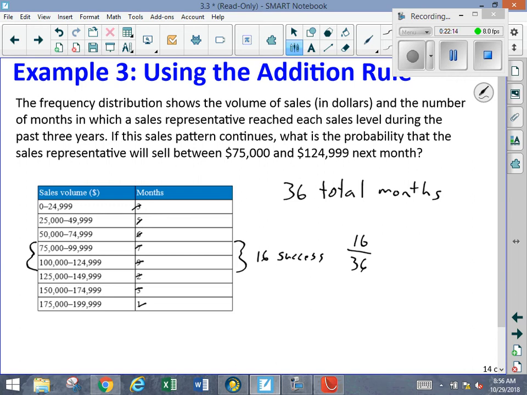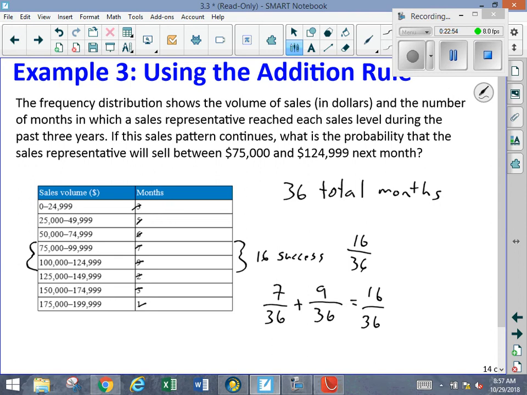Just want to point out that that's the same thing as saying that either he sold between 75,000 and 99,999, or he sold between 100,000 and 124,900. And if we add those up, we're going to get the exact same probability.